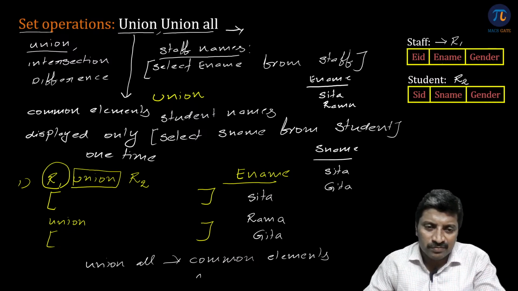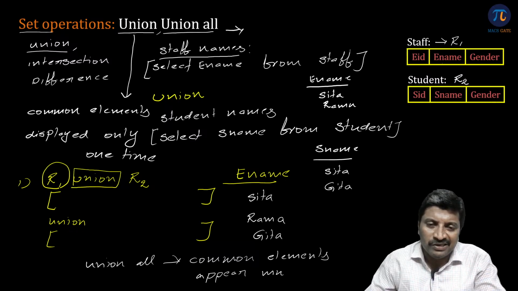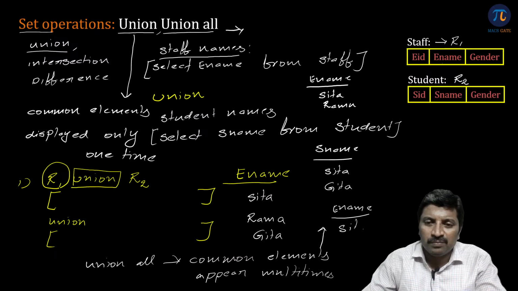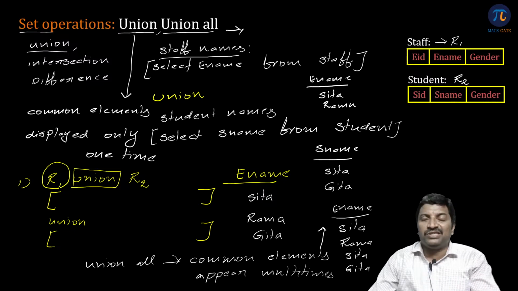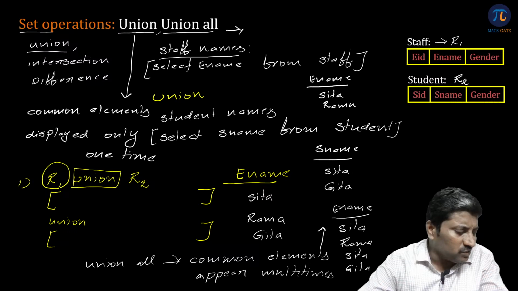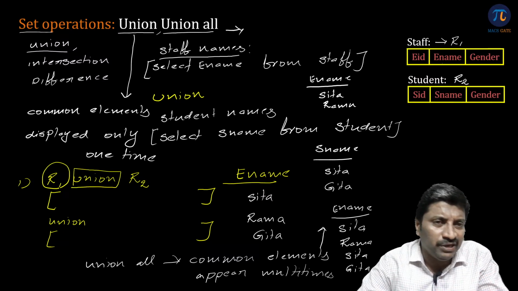Common elements appear multiple times. In this case, we are unioning only two tables. So Sita, Rama, again Sita, again Geeta. However many times I have Sita in the specified tables, that number of times it will be displayed. That is the main difference between union and union all.